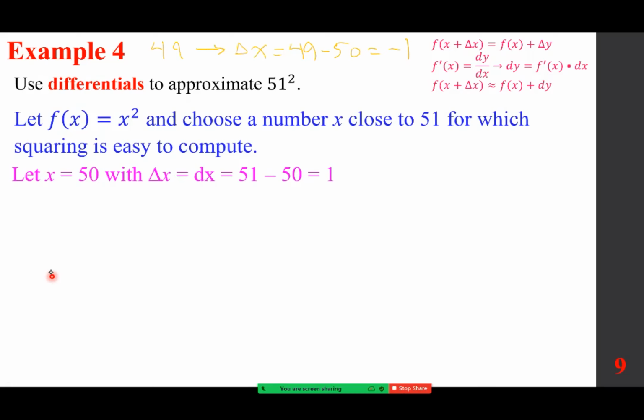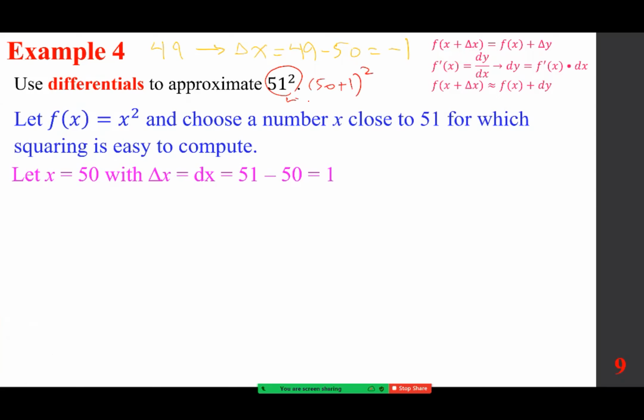So what we want is f of x plus delta x, and remember, we want to approximate it. And by the way, 51 squared is really not too bad. You can probably use even algebra: 50 plus 1 squared.